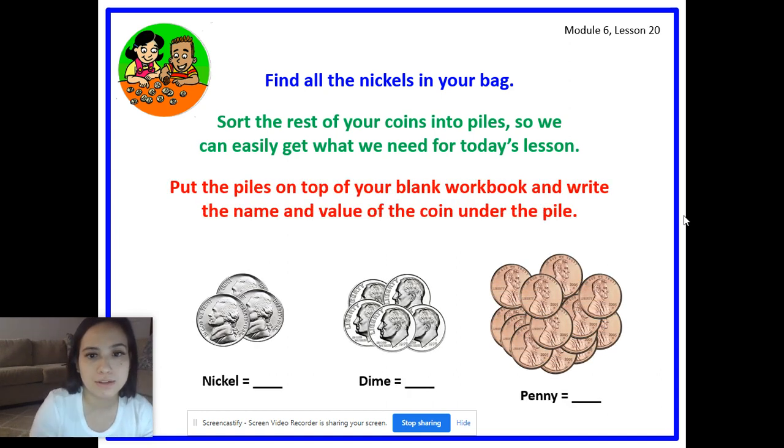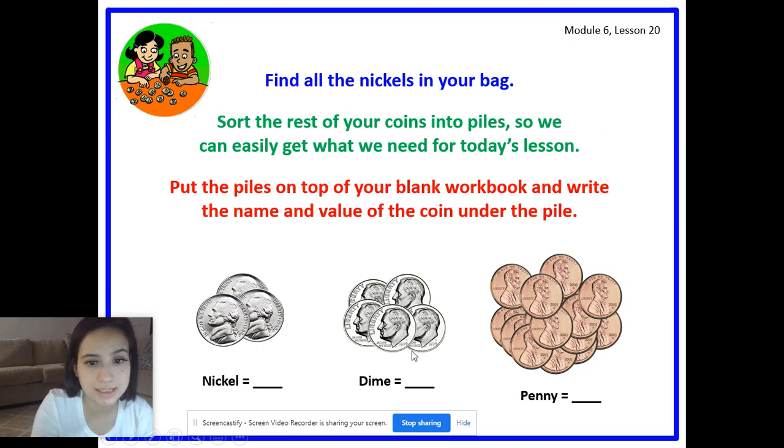So put the piles on top of your blank workbook and write the name and value of the coin under the pile. Listen to this. It's very important, boys and girls. So put the piles like this. You should have already had them like this. And place them on top of the blank page in your workbook. And then at the bottom, I want you to write the name and then the value.